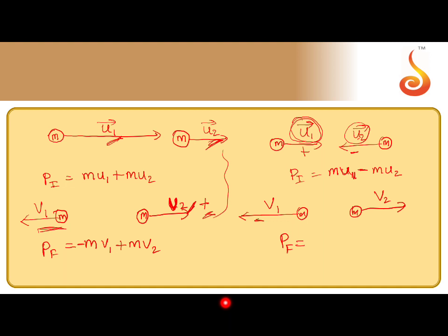So this will become negative, this will become positive. So this is minus m into v1 plus m into v2. This is how you need to use the sign conventions to solve the problem. So with this background, let us continue with a few more problems.